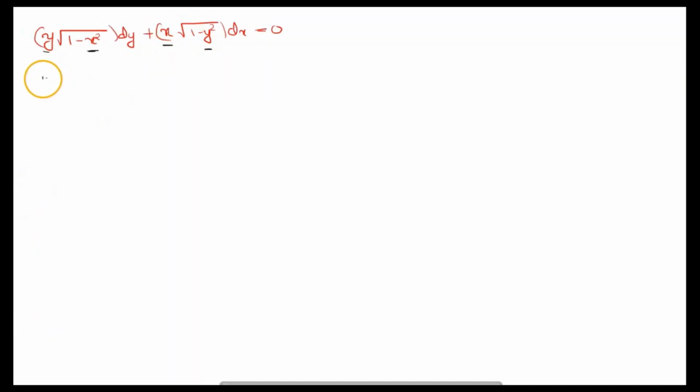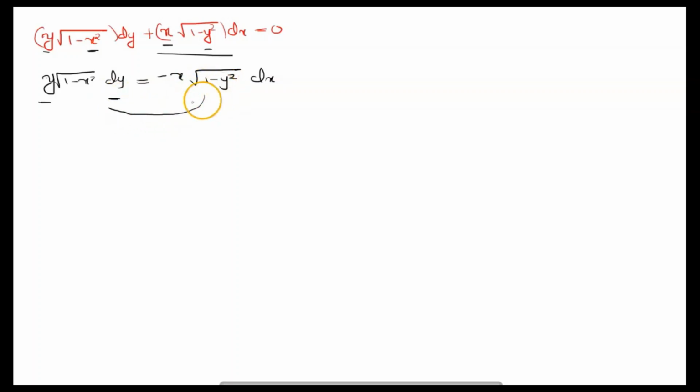Take this function this side. So here y and dy is there. Now let's take root 1 minus y square here. That means y divided by root 1 minus y square dy here.